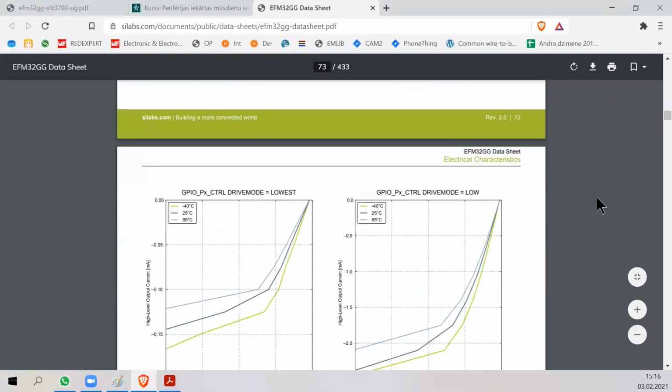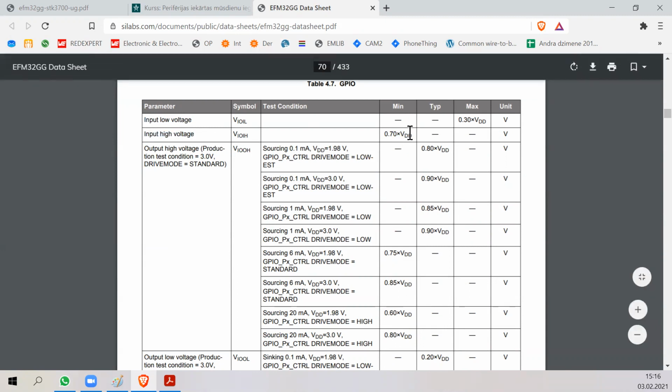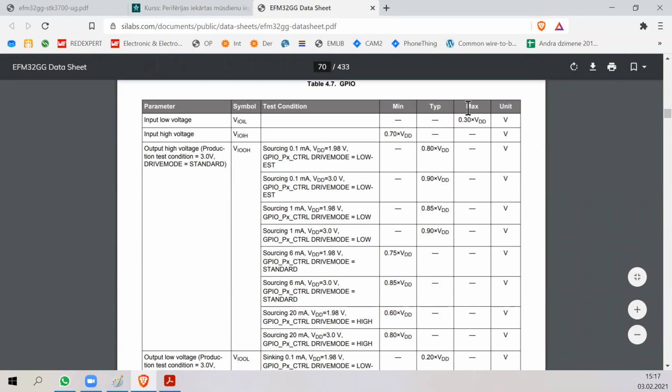It tells you that, for example, any voltage that is lower than 0.3 times supply voltage will be considered a stable low input level, and any voltage above 0.7 times power supply voltage will be considered high, and everything in between is a non-stable value. So if you want to use it as input, you have to make sure that the signal coming to the microcontroller is within these limits.